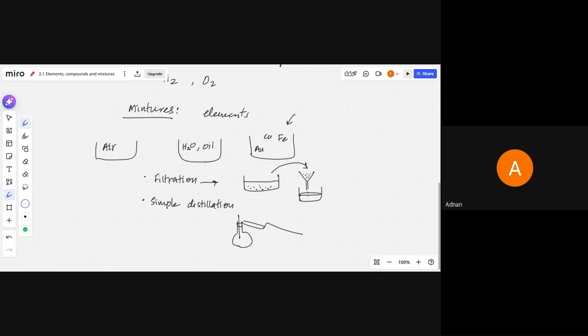So what is a condenser? A condenser is basically a specialized glass tube which allows the passage of cold water, which is in contact with this inner tube, through which the gas, vapors or steam, can pass.